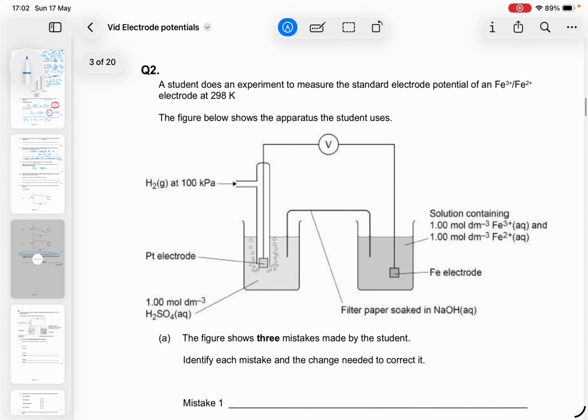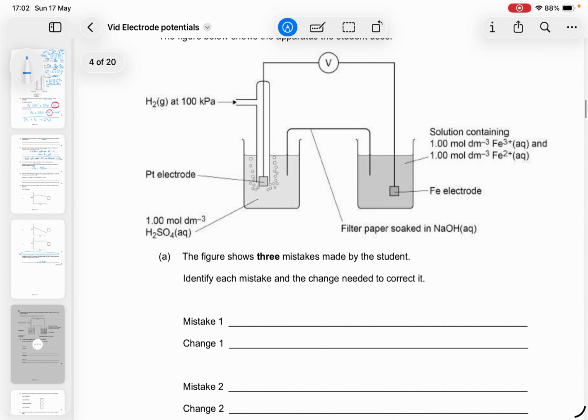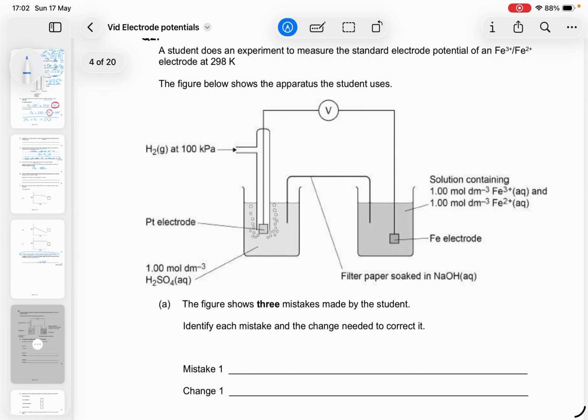Okay, now question 2. Let's look at this figure. You've got to be able to draw these. This is your hydrogen fuel cell. This is your hydrogen half cell on one side.